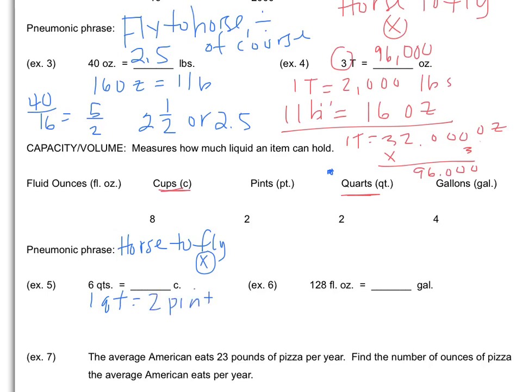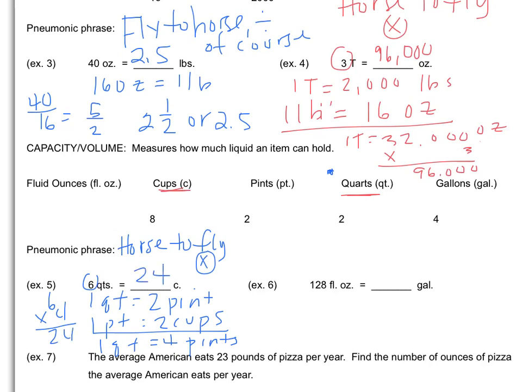And then I have 1 pint equals 2 cups. So since we have to multiply, 2 times 2 means 4 cups in 1 quart. But we have 6 quarts, so we then need to do 6 times 4, which gives us 24. So there are 24 cups in 6 quarts.